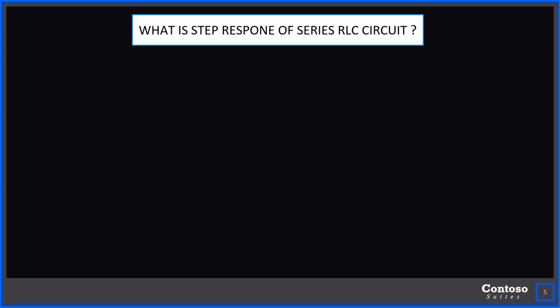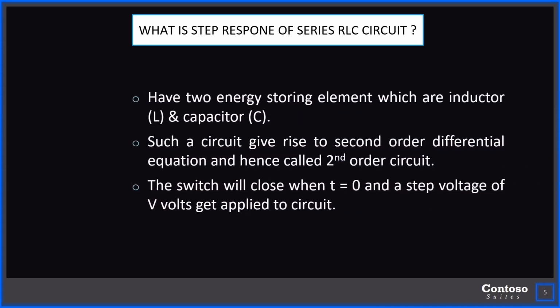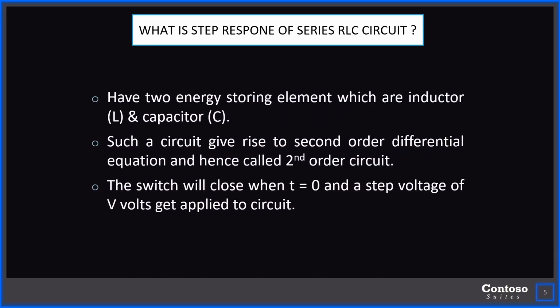Okay, now what is step response of series RLC circuit? First, an RLC circuit has two energy storing elements, which are the inductor and capacitor. Second, such a circuit gives rise to a second order differential equation and hence is called a second order circuit. Third, the switch will close when t equals 0 and a step voltage gets applied to the circuit.